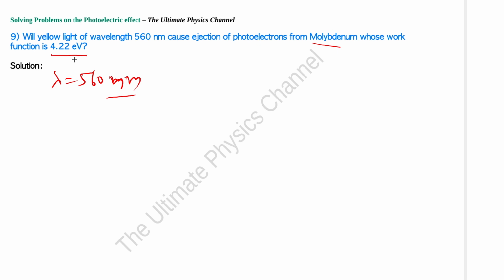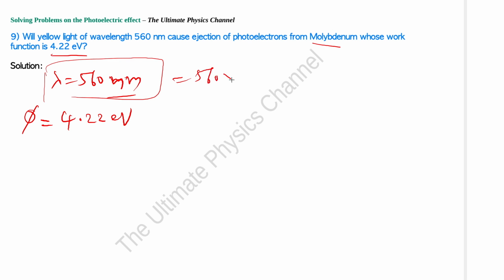So, can this particular wavelength, 560 nanometers, cause ejection of photoelectrons from molybdenum whose work function is 4.22 eV?